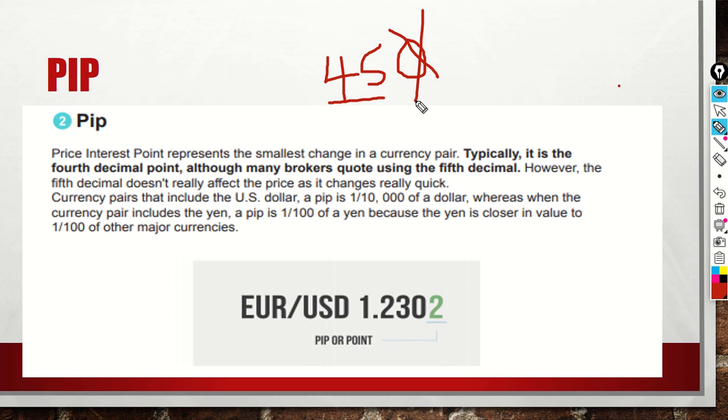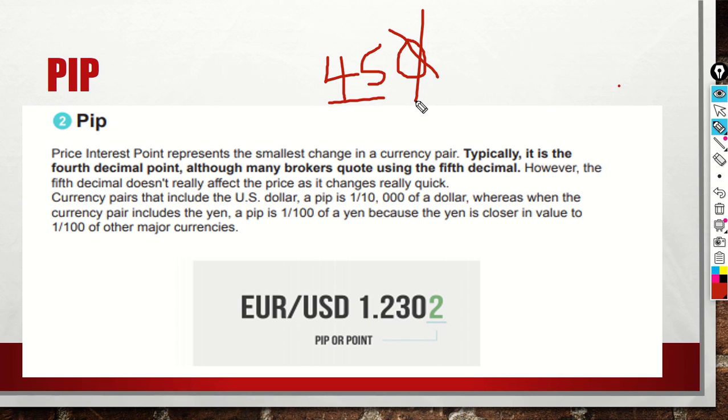So for the currency pairs that include the United States dollar, a pip is 1 over 10,000 of a dollar, whereas when the currency pair includes the yen, a pip is 1 over 100 of a yen, because the yen is closer to the value of 1 over 100 of the other major currency.